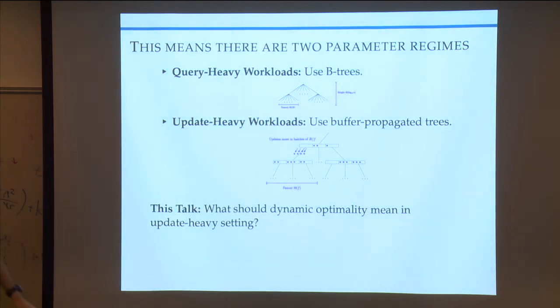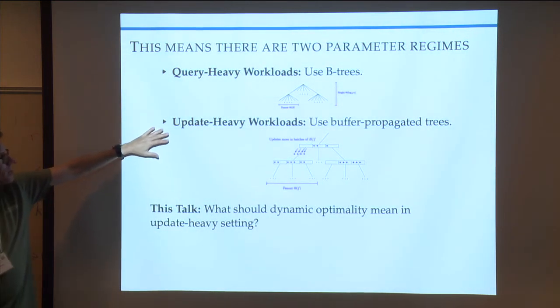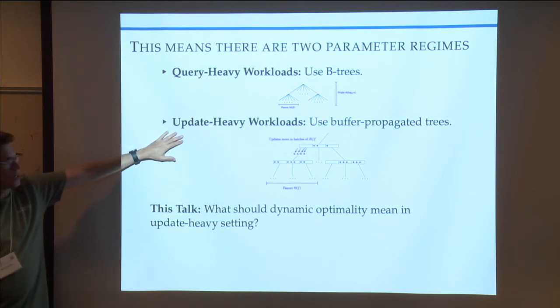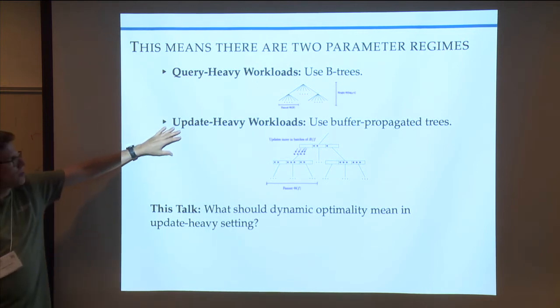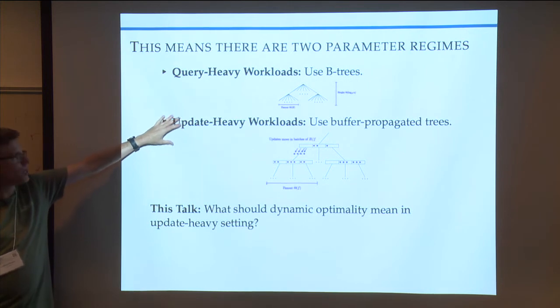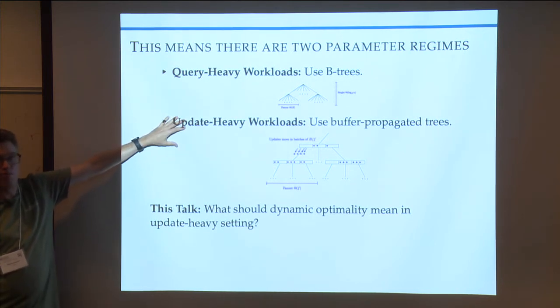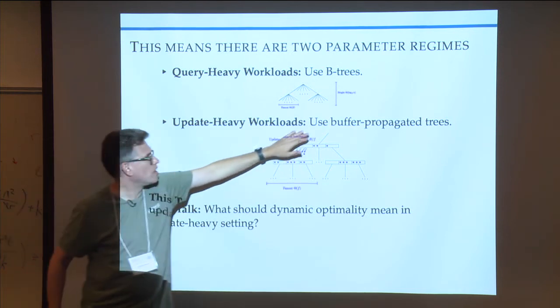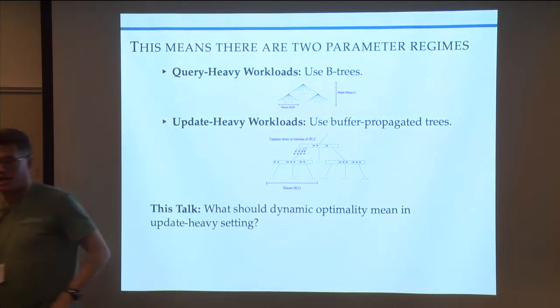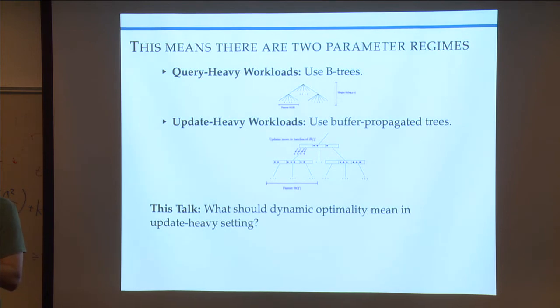But the area that Martin, Bill, and I are interested in is update-heavy workloads, where you have insertions and deletions and updates, and you have searches, but it's heavy on updates. And that's the case where we want to use these buffered propagated trees, because they're asymptotically faster than B trees.